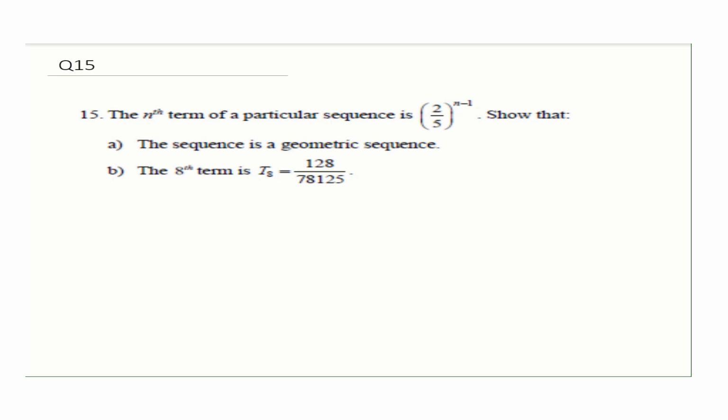So we start with the information here, it gives Tn equals 2 over 5 power n minus 1. Okay, so we start with the common ratio, we want to show. So we can use, let's say, Tn over Tn minus 1. Tn is already here, but for Tn minus 1 you can find it first. To find it, you replace the n with n minus 1.